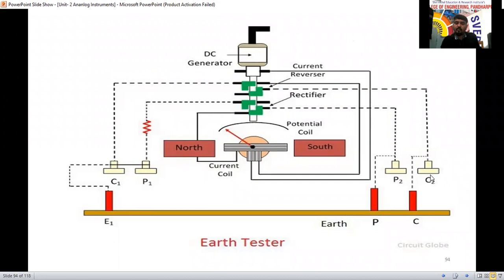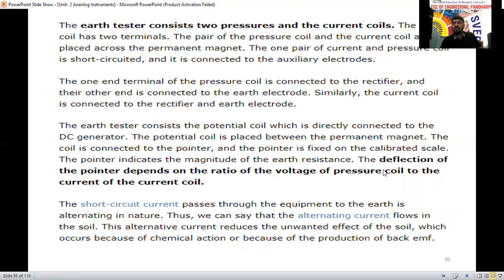So the potential coil operates, and then the pointer operates. The pointer of this meter deflects depending on the ratio of the voltage of the pressure coil and the current of the current coil. That is the main operation.